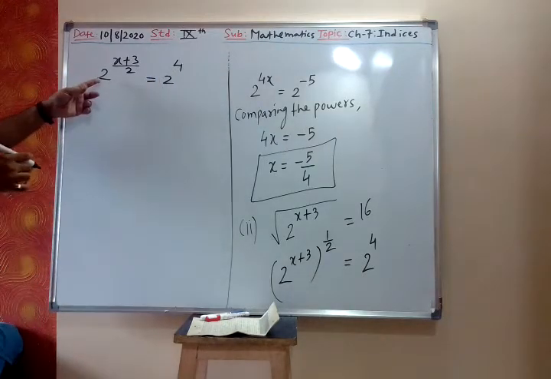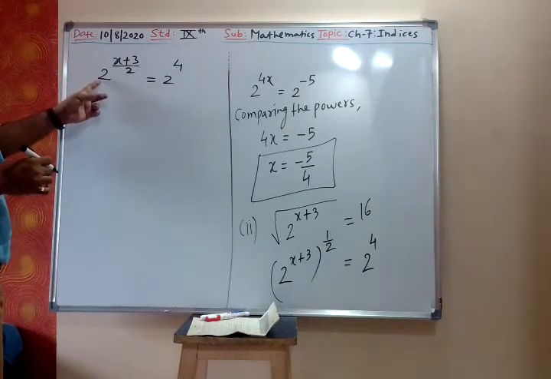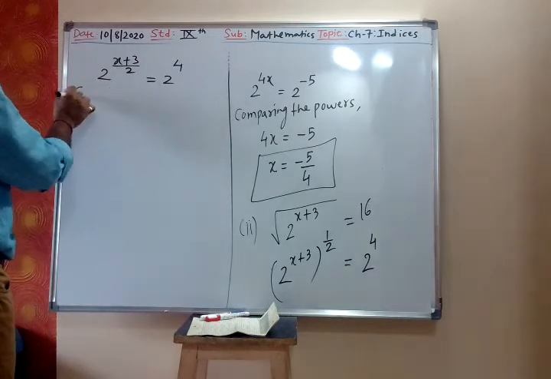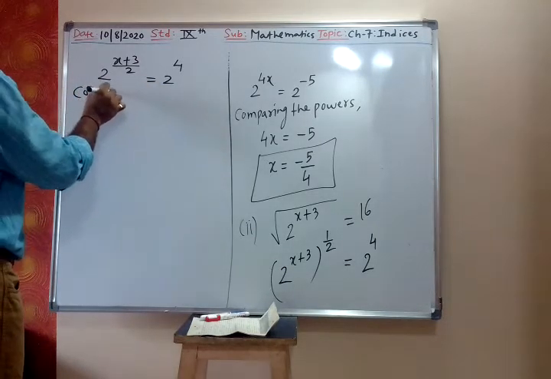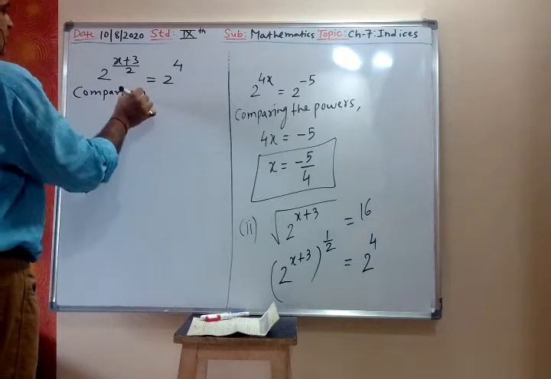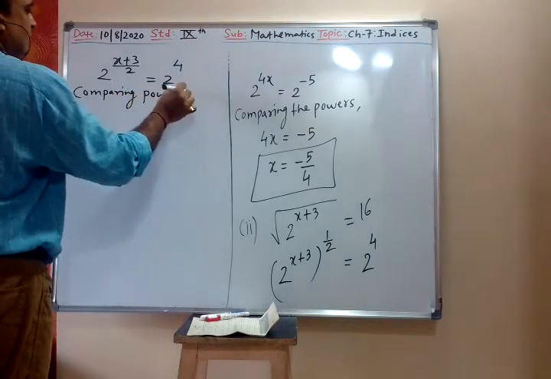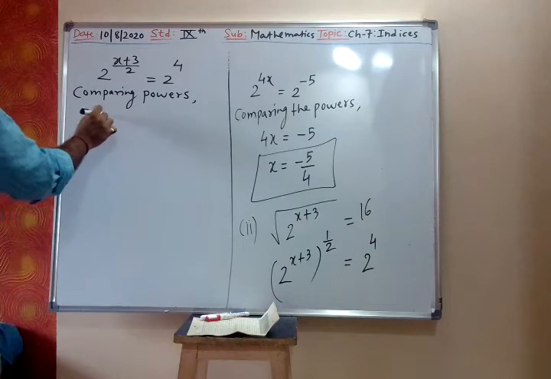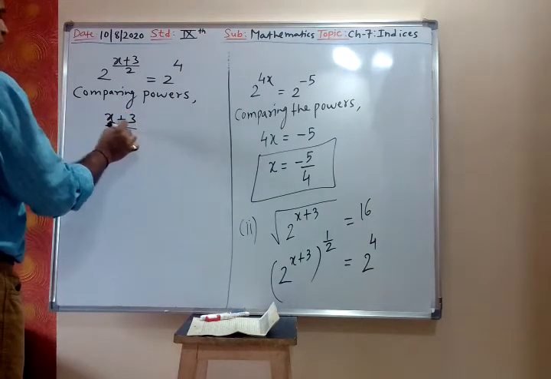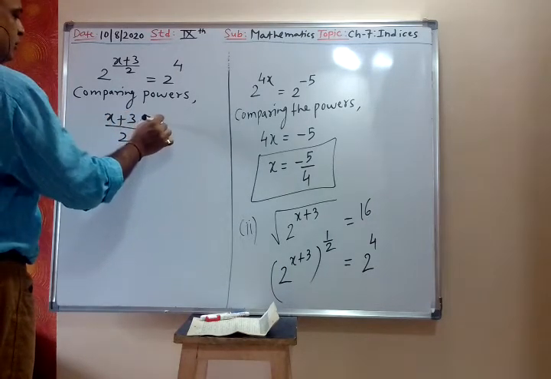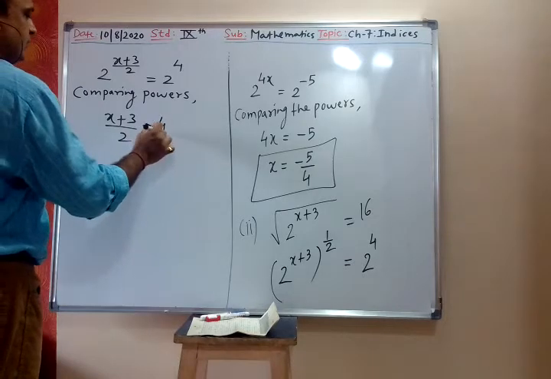Now bases are same. Left hand side base is 2, right hand side base is 2. So comparing powers, we get x plus 3 upon 2 is equal to 4. 4 means it is 4 upon 1.